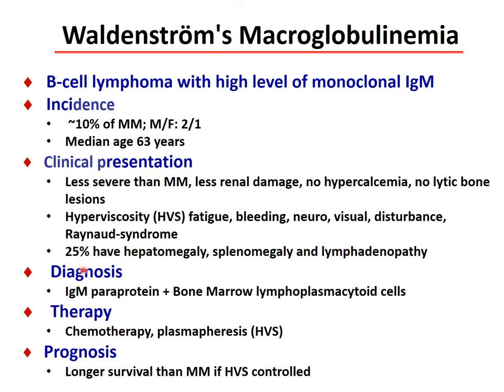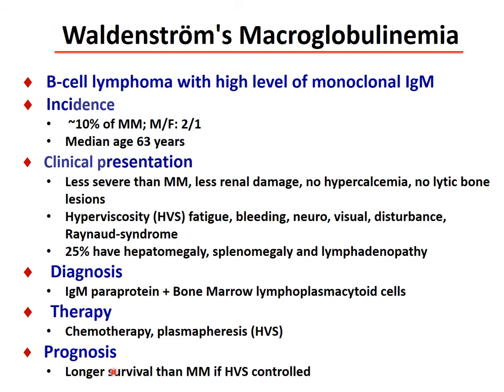And when we make the diagnosis, IgM paraprotein is increased. This is why it's Waldenström, because we have a huge IgM secreting plasma cell. And if you do a histological evaluation, you see lymphoplasmacytoid cells. Therapy: chemotherapy or plasmapheresis to control the hyperviscosity.